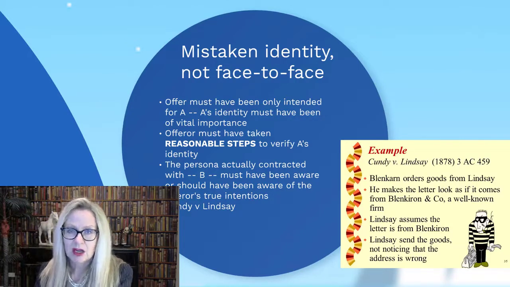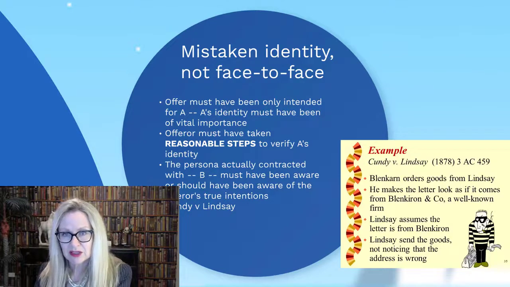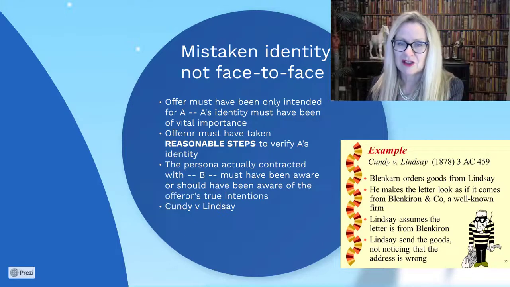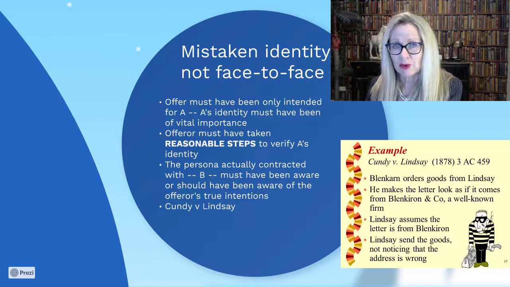Okay, you need to establish that the offer was only intended for party A, and that A's identity was in fact vitally important to your client. The offeror must have taken reasonable steps to verify A's identity, and the person, not persona, the person actually contracted with must have been aware, this is the rogue B that's impersonating A, must have been aware or should have been aware of the offeror's true intentions.